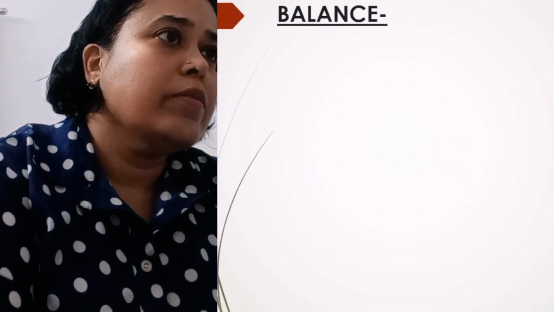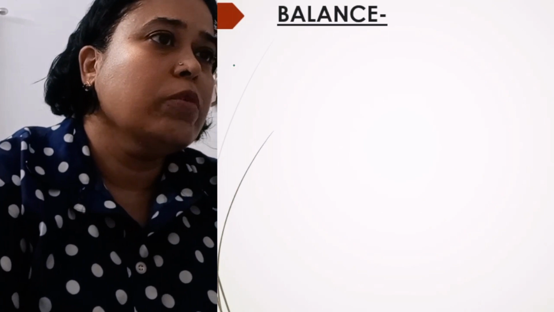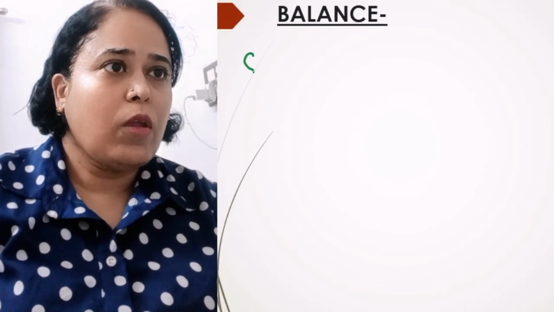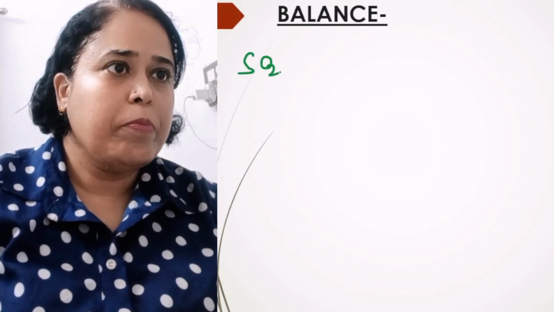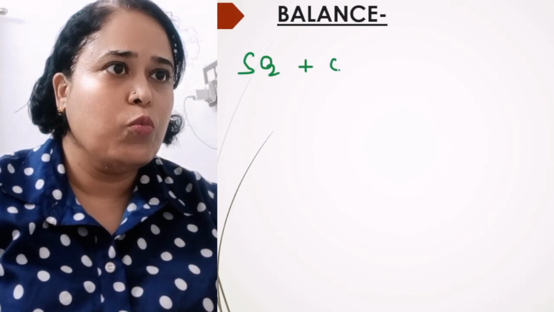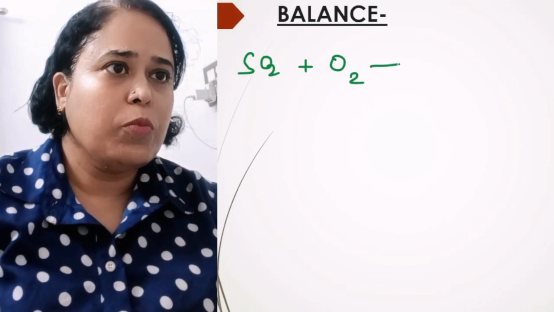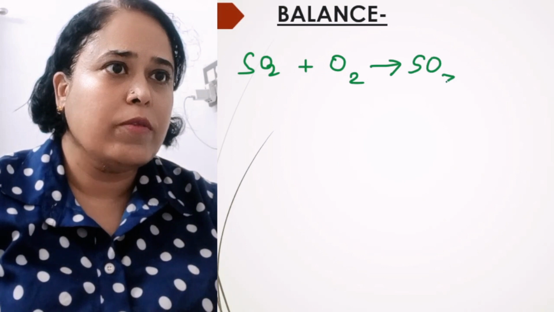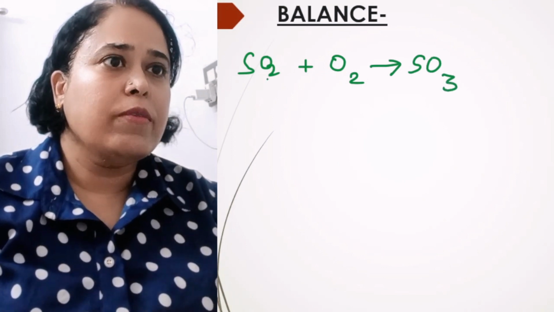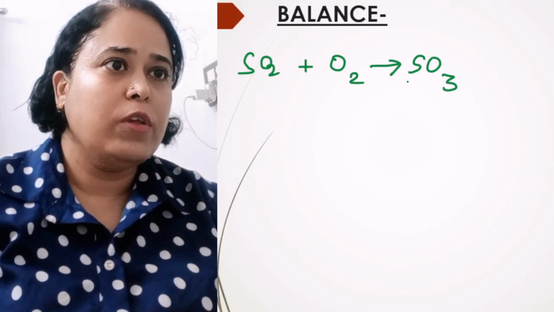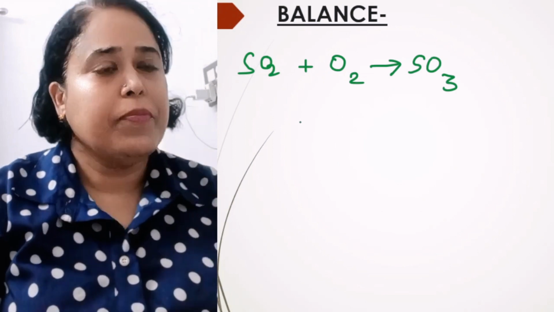Try to balance another equation. Okay, we take SO2 plus O2 gives SO3, sulfur trioxide. Sulfur dioxide plus oxygen gives sulfur trioxide.